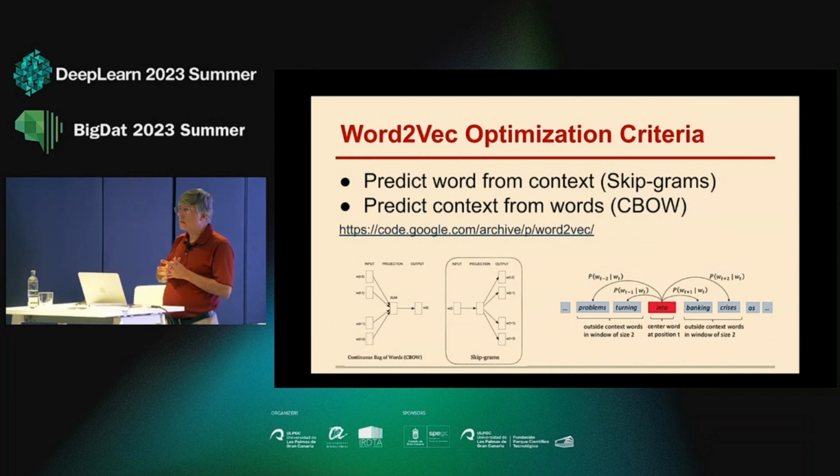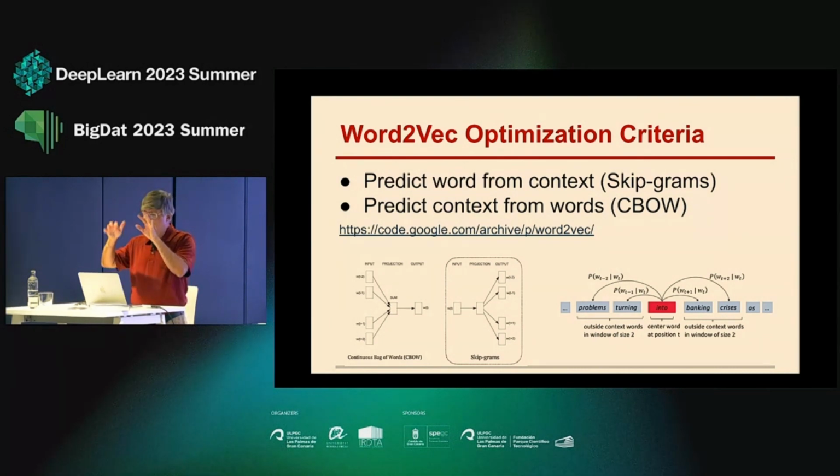Again, I told you a little bit about word2vec a few minutes ago. I didn't actually talk about exactly how word2vec itself worked. I gave you the idea that there was this network model to try to tell whether something was broken or not.